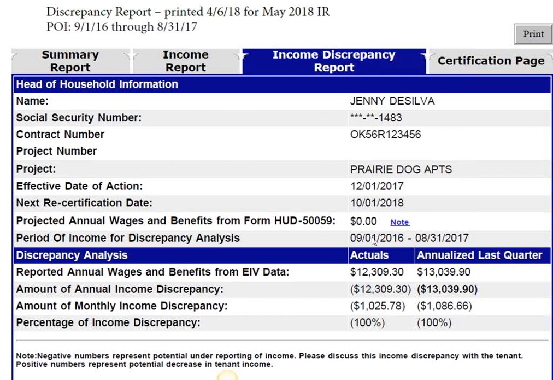Okay, does this ring true with your conversion chart that I gave you? Look at the row for December. Read across from left to right. It goes from December, your period of income is always 9/1 through August 31. So I want you guys to go ahead and convert this 9/1/16 through 8/31/17, convert that to a quarterly range right here on this form, and tell me what you get.